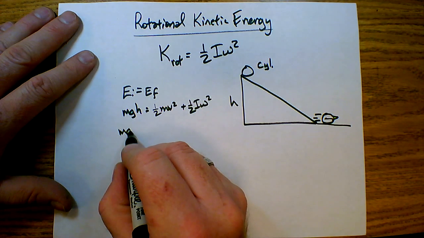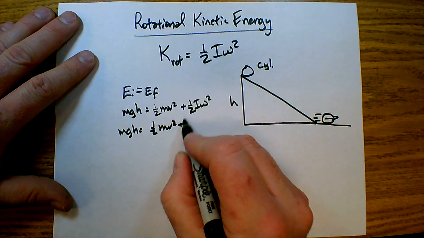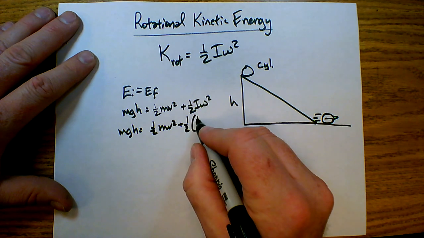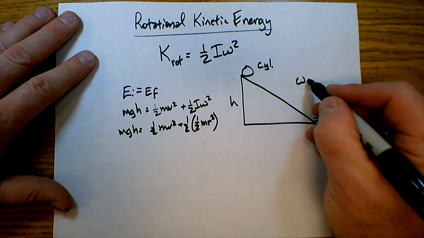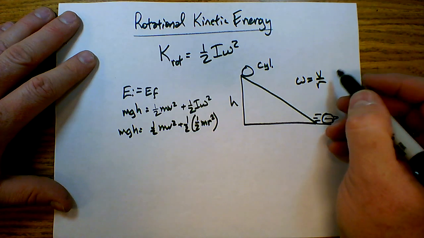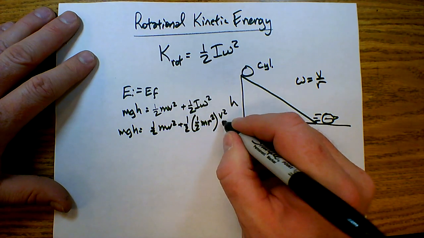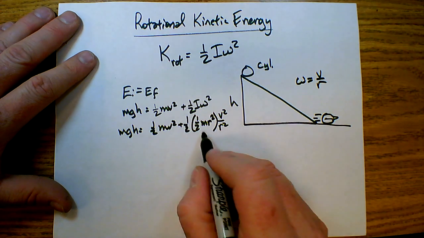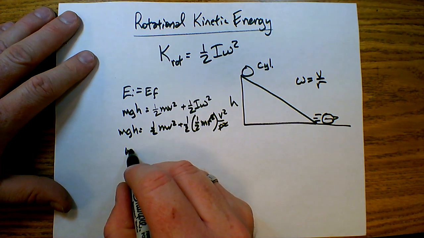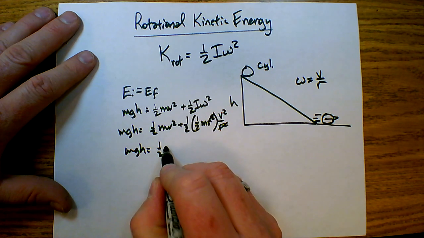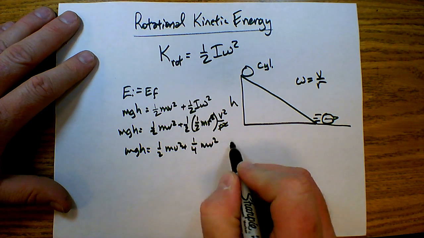So my equation would look like this. mgh equals 1/2 mv squared plus 1/2 I is 1/2 mr squared. And because omega equals v over r, we learned that earlier, omega squared is v squared over r squared. So I'm going to replace omega squared with v squared over r squared. Watch what happens. The r squareds will cancel, and now I have mgh equals 1/2 mv squared plus 1/4 mv squared.